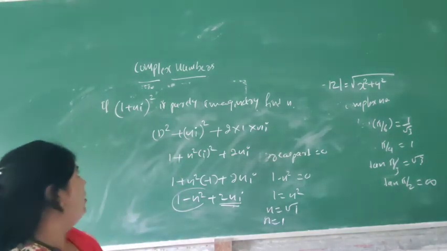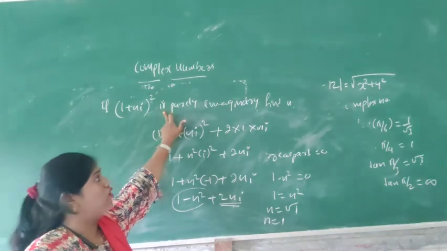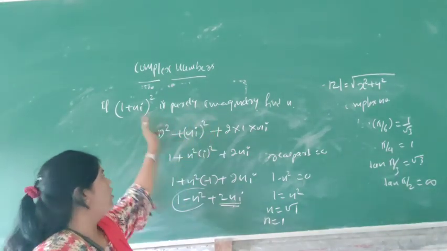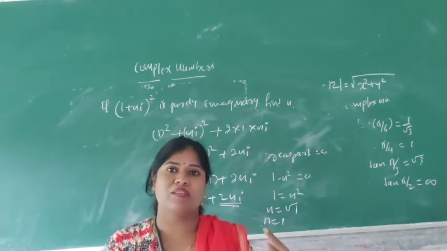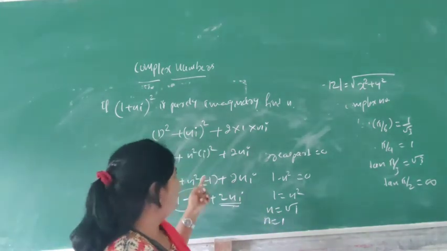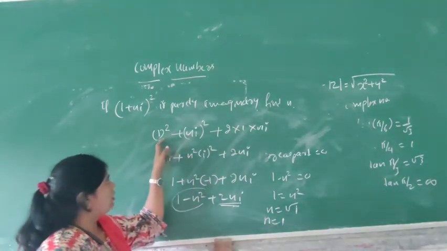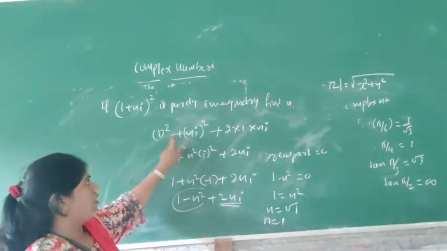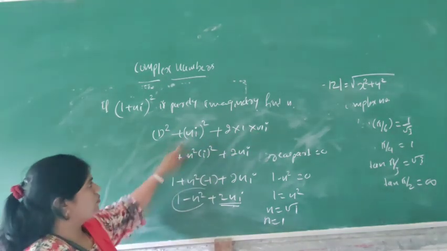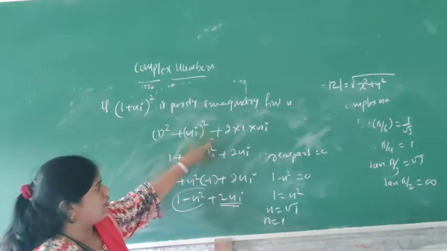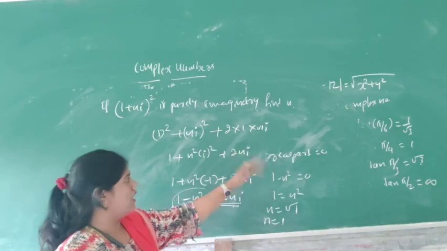Okay, so this is also important. If (1 plus ni) whole square is purely imaginary, find n. It is of the form (a plus b) whole square: a square plus b square plus 2ab. So 1 square is 1, n square i square, plus 2 into 1 into ni is 2ni.